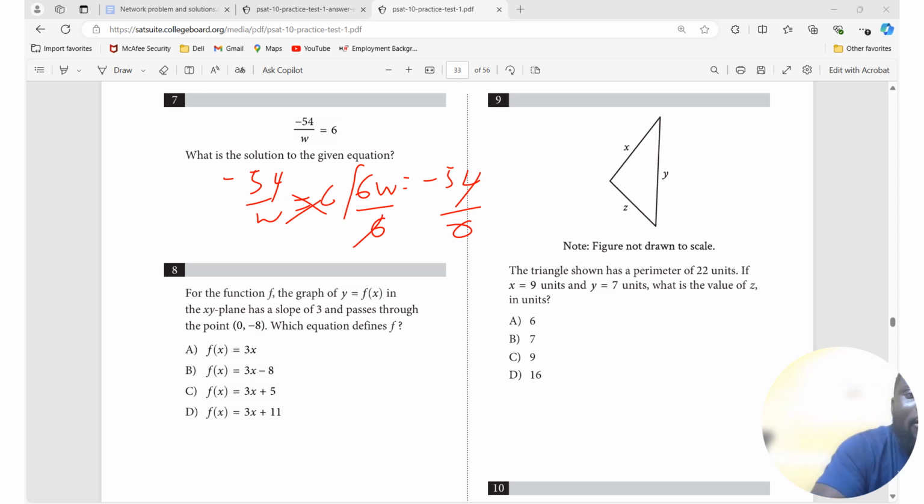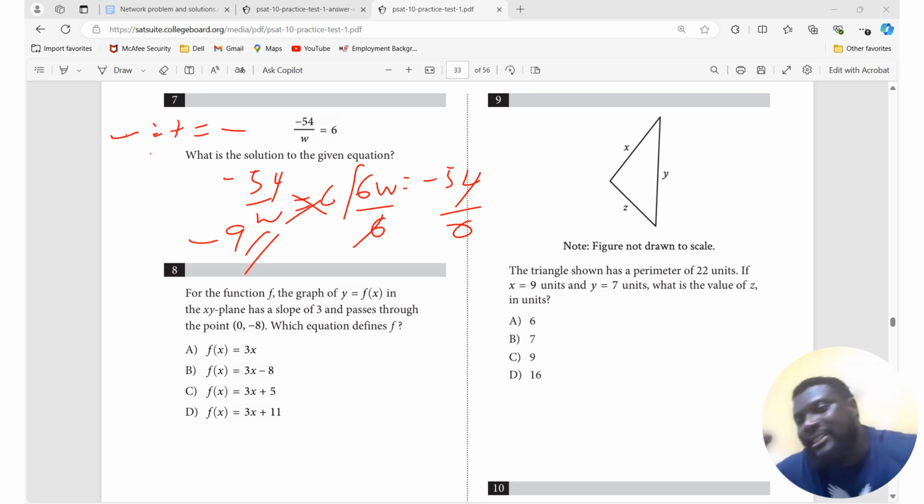Remember that in arithmetic, negative divided by positive is equal to negative. So 54 divided by 6 gives us 9. So our answer is negative 9.